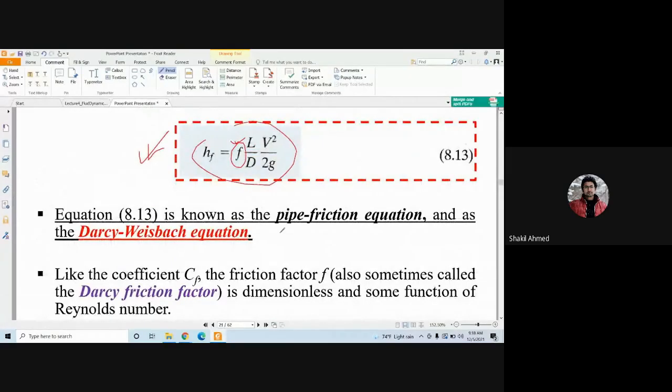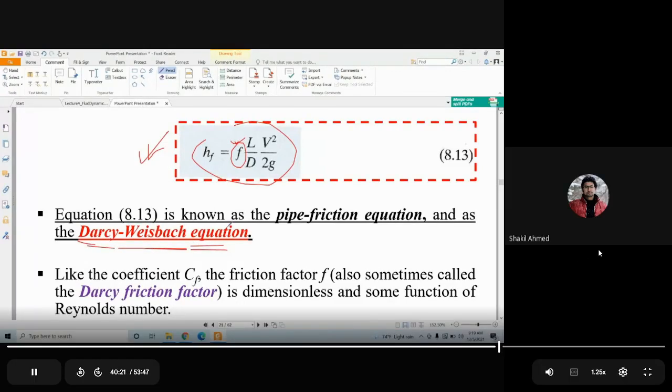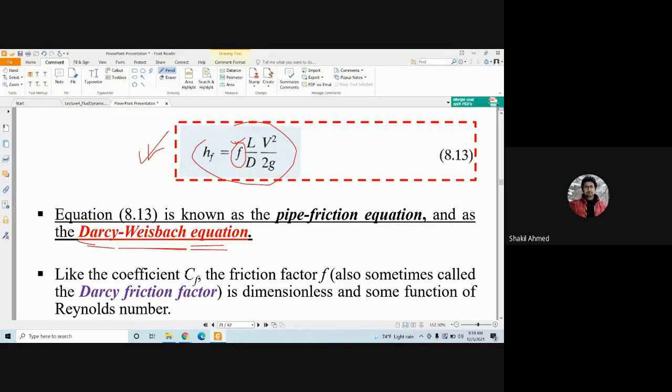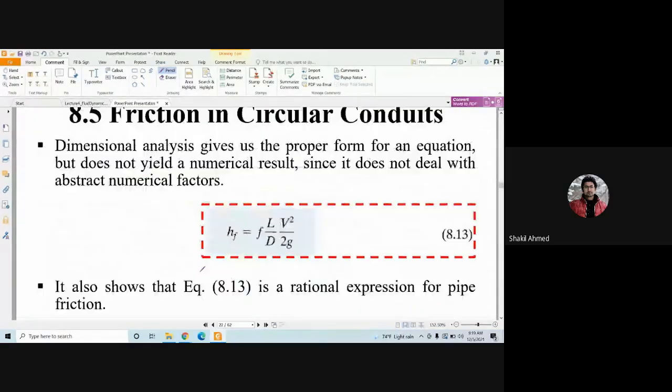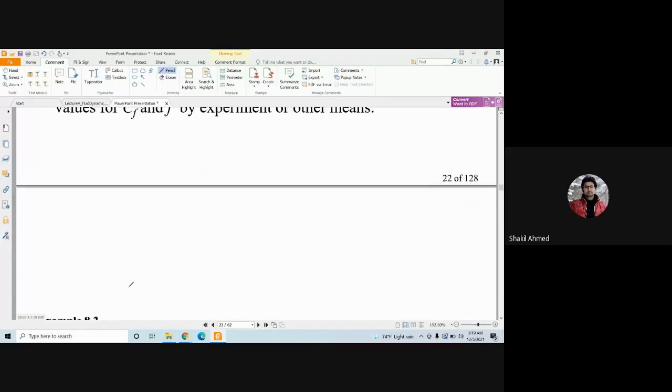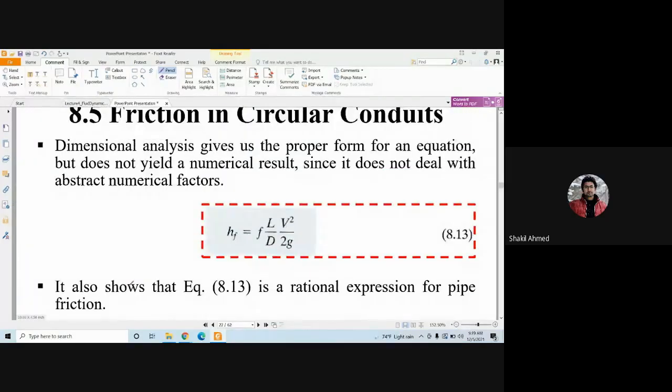This is called the Darcy-Weisbach equation. Like the coefficient CF, the friction factor F, also sometimes called the Darcy friction factor, is dimensionless. Clear, guys?